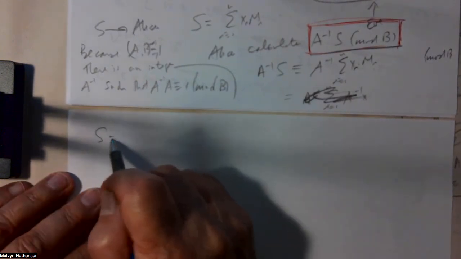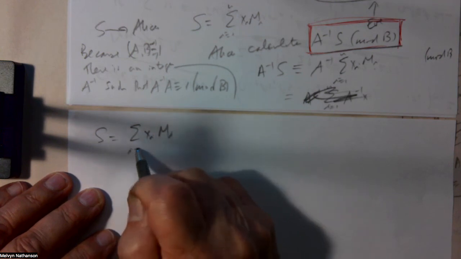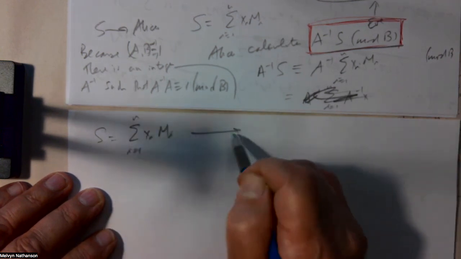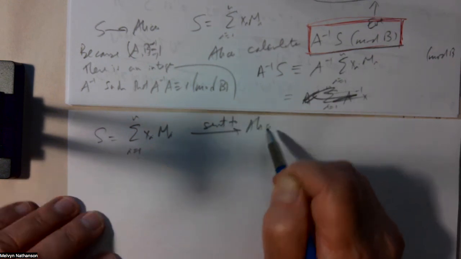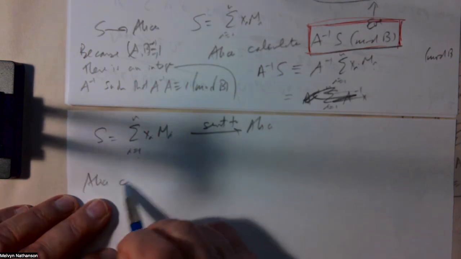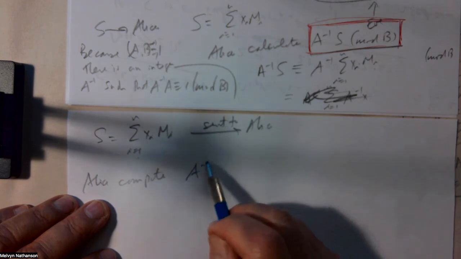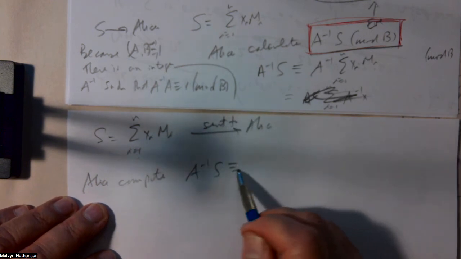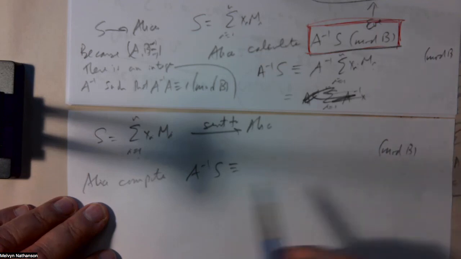So S is the summation xi mi. That's the number which is sent to Alice. Alice computes A inverse S. What is this congruent to mod B?